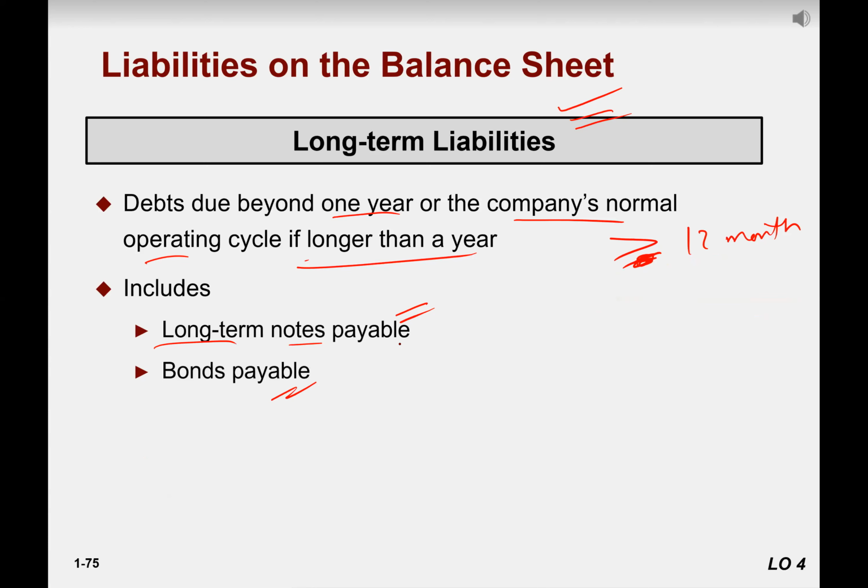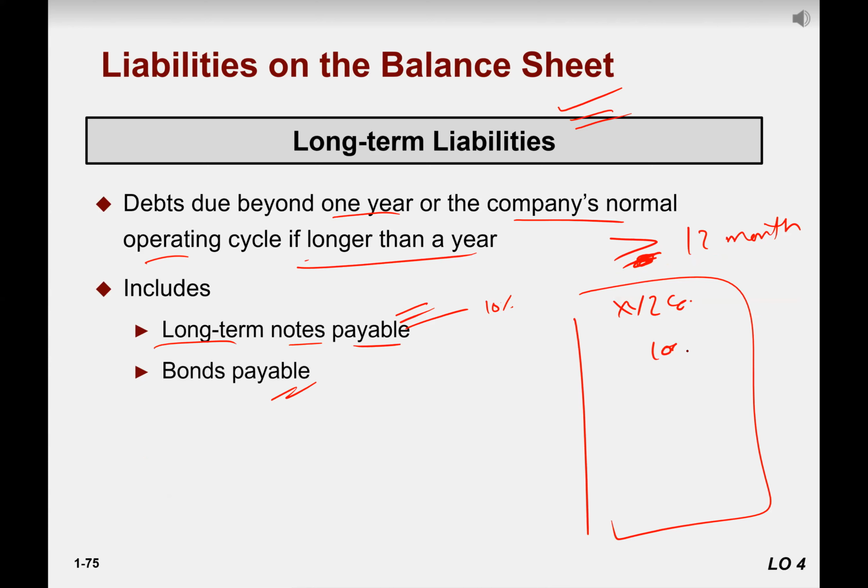Long-term notes payable, it's like that you purchase raw material from a supplier and you say that we are not going to pay you this year, we are going to pay you next year. But what we can do, we can give you 10% interest. So you take out your business letter, and on the letterhead, for example, XYZ company, and you say that $1 million is payable at the rate of 10%.